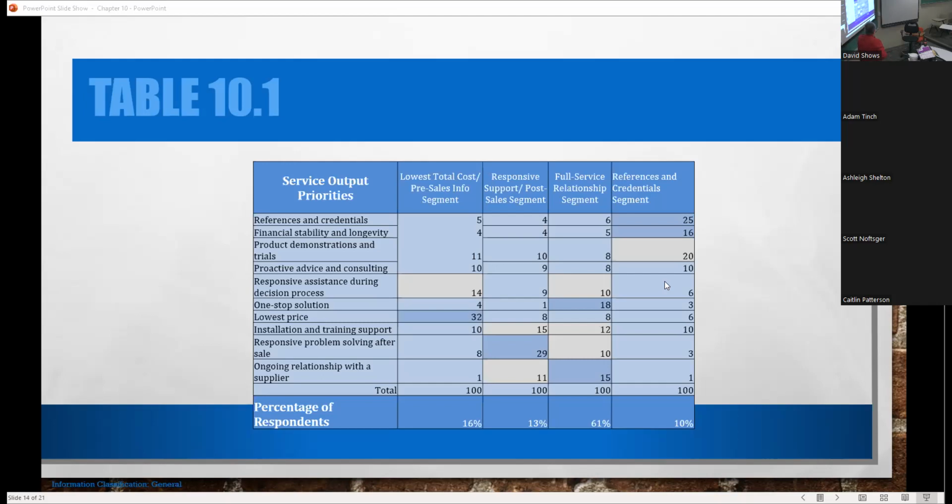Now, you mentioned this, and I also think this is important, that you could combine two of these groups together as well. You could combine the references and credentials, or you could combine lowest total cost and responsive support together. You could do different marketing messages for each one of these.